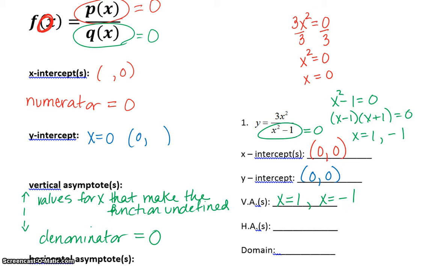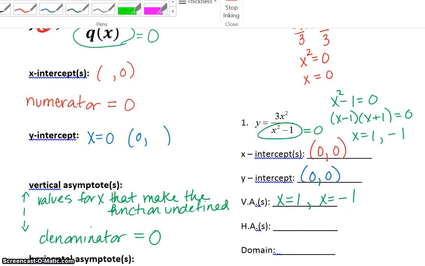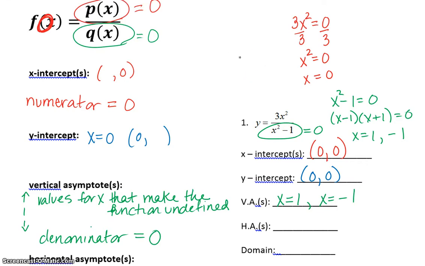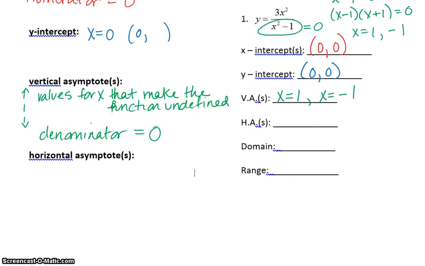Okay, now for horizontal asymptotes. Horizontal asymptotes are a little bit more complicated, and they depend solely on the degree of the top of the fraction versus the degree of the bottom.